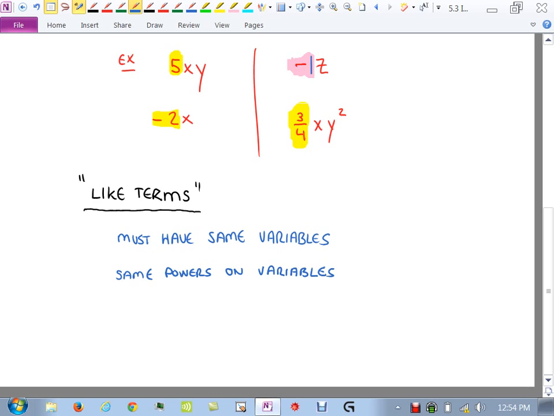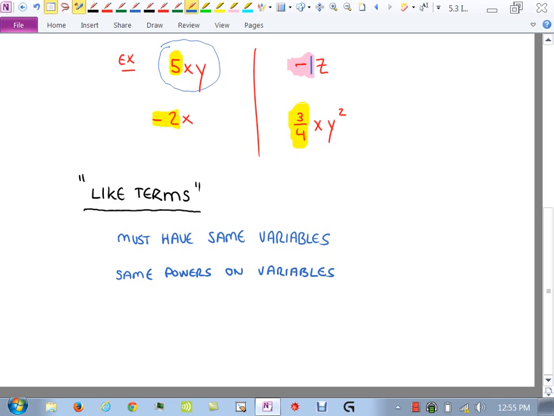So I'd like for you to look up at the example we had above, where I'd given you 4 different terms, right? Are any of those terms like terms? Well, let's start with the first one, 5xy. Do any of the others have an x? Yes, the bottom 2 have x, right? But the one that I circled also has a y.